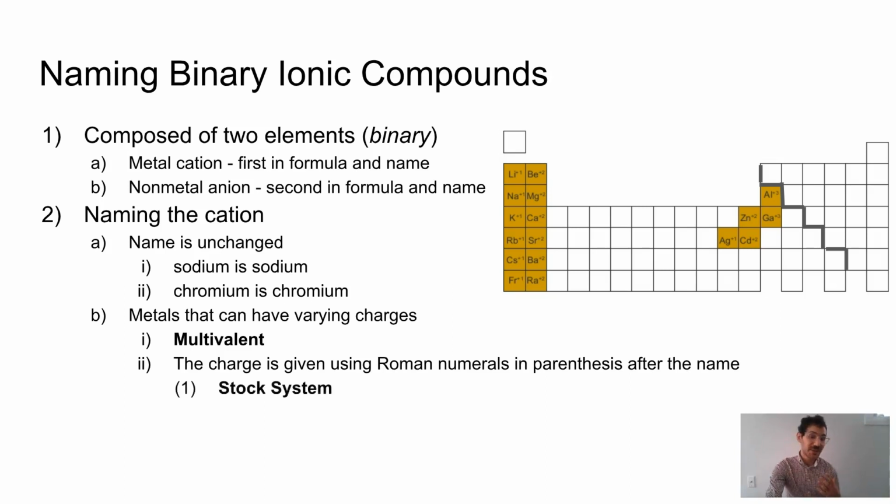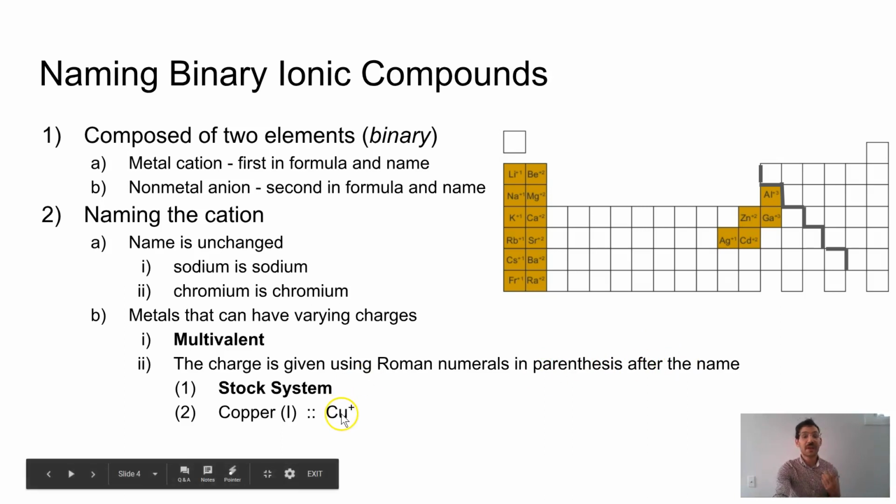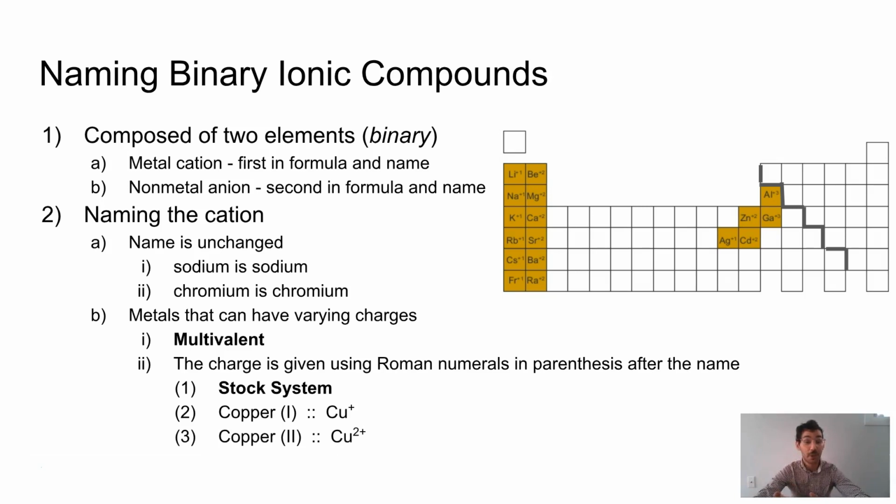So for this, we're going to use this thing called the stock system. It's putting the charge in Roman numerals in parentheses after the name of the metal. So if I wanted to express that there is a copper with a +1 charge, I would write copper and put 1 in Roman numerals in parentheses. If I had copper that had a +2 charge, though, I would put 2 in parentheses after the name of copper.